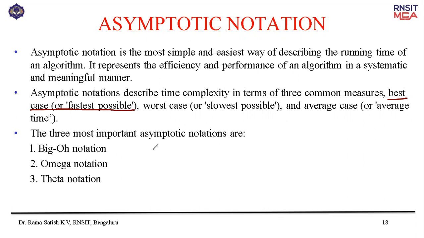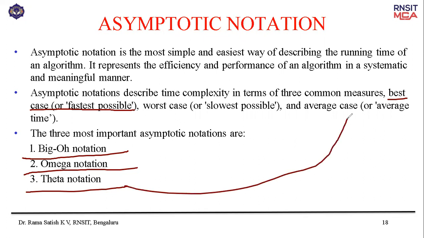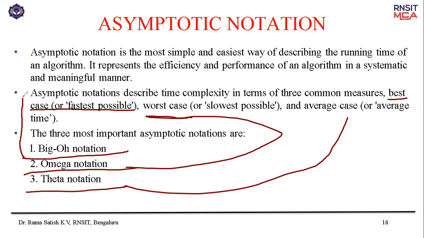And of course, these terms we represent using big O notation, big omega notation, and big theta notation. Big theta notation is your average case, big omega notation is your worst case, and big O is your best case. Is your best case.